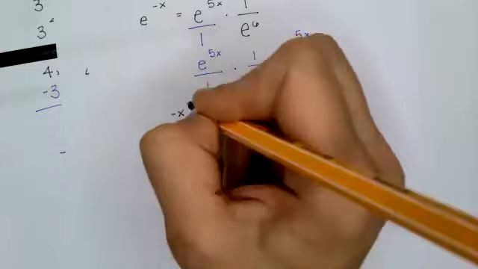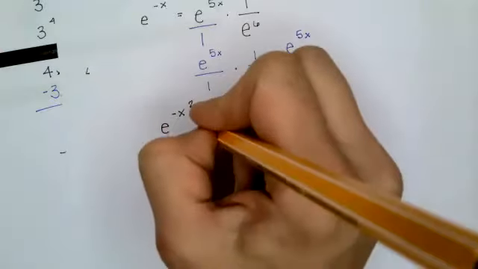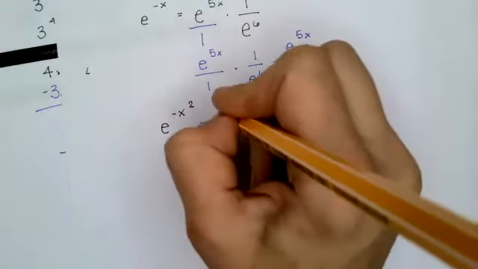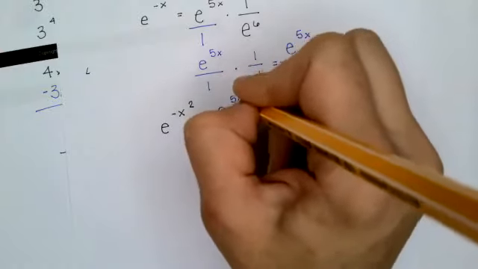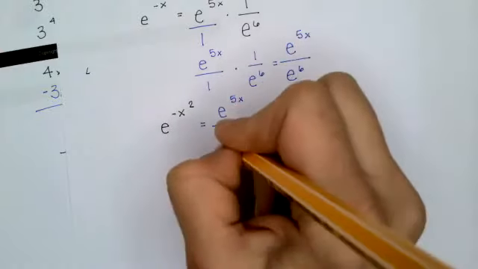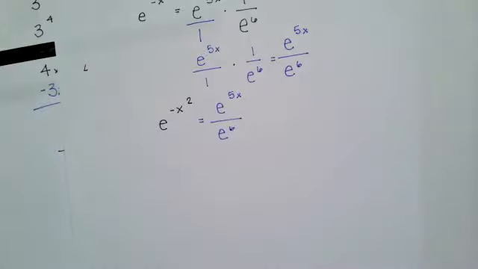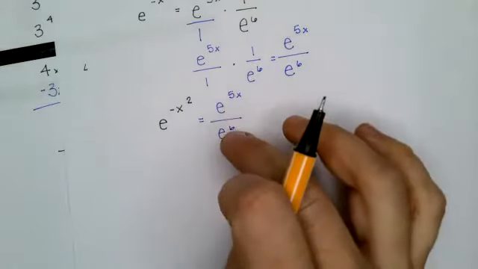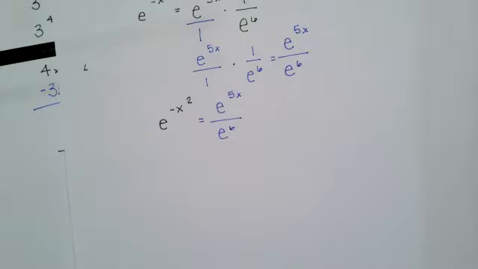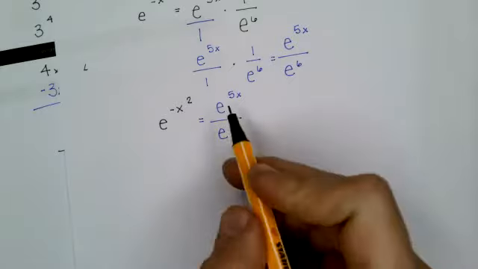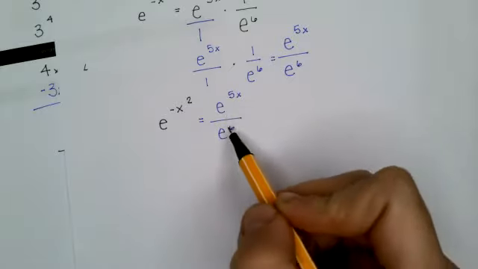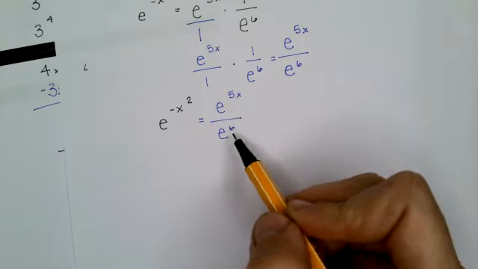e to the power of negative x squared is equal to e to the power of 5x over e to the power of 6. Good. Now, I want to divide this so that I only have one term, right? So this is e to the power of 5x divided by e to the power of 6.